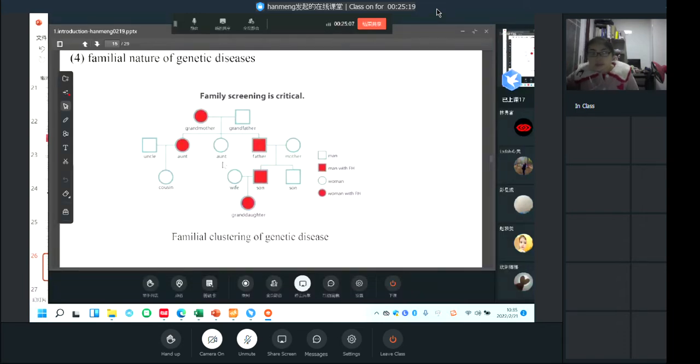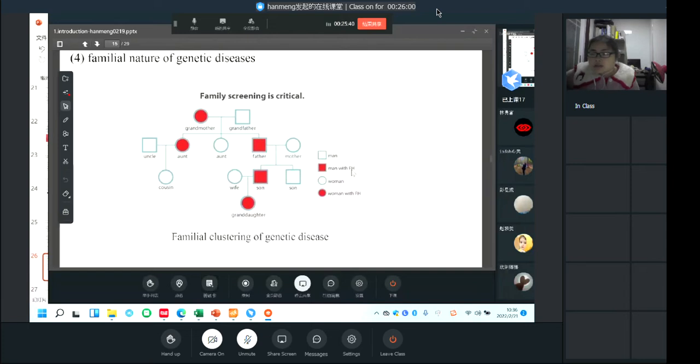Then you can learn some knowledge of this genetic disease and give him some advice for his children. Because, as we learn, genetic disease is a vertical propagation.